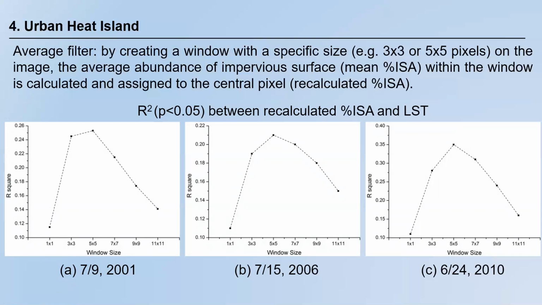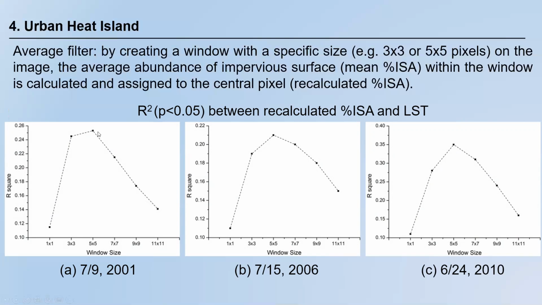But if it is poorly defined, if you are very ambitious and say, okay, I'm going to assume that a 7 by 7 pixel window, or even 9 by 9 or 11 by 11 pixels, should be the definition of the neighbor, then the relationship between percentage ISA and LST is going to be even worse. Okay, still it's better than the original image, the original relationship without any average filtering method.